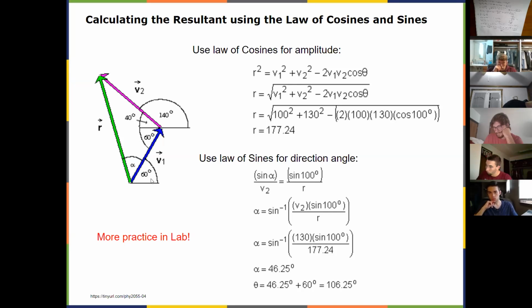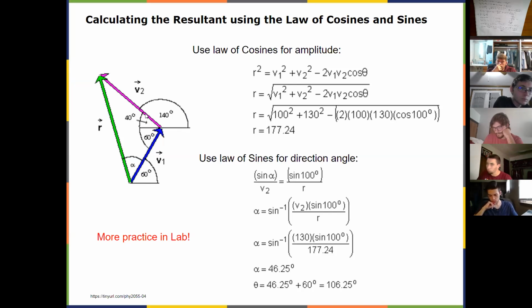Because this is 60 degrees, that means the bottom half of this angle is 60. This is 140, that means this is 40. This 40 is 180 minus this guy, right? Because a straight line is 180, minus 140 gives you 40, okay? And this is a horizontal line, this is a horizontal line. So if this is 60, then this is also 60, okay?